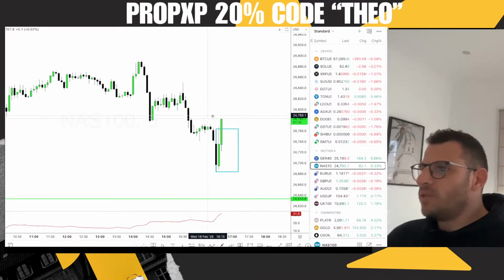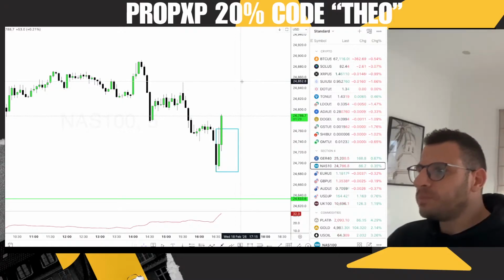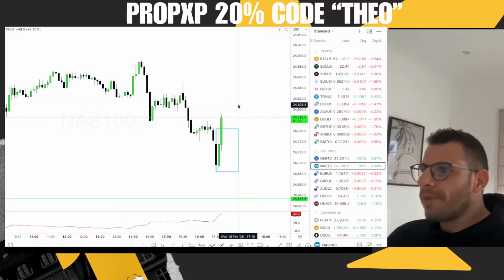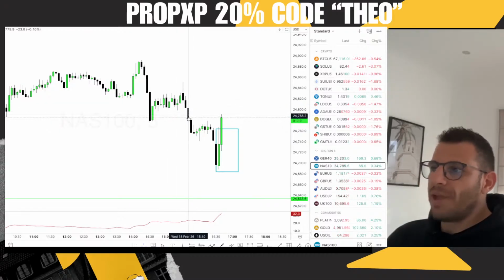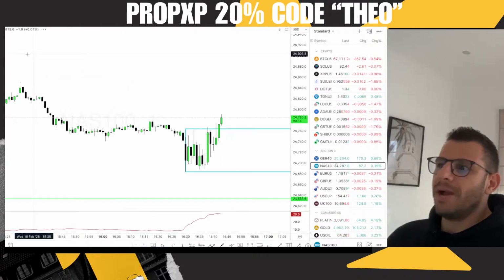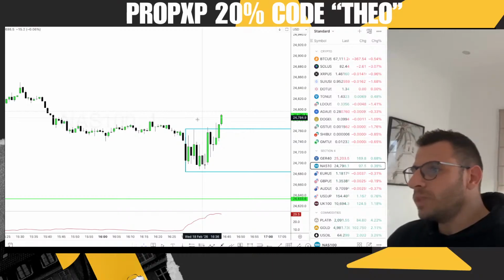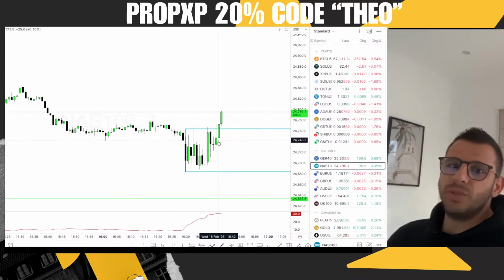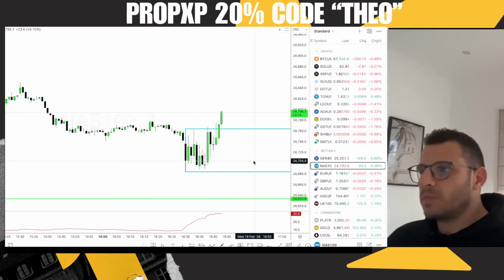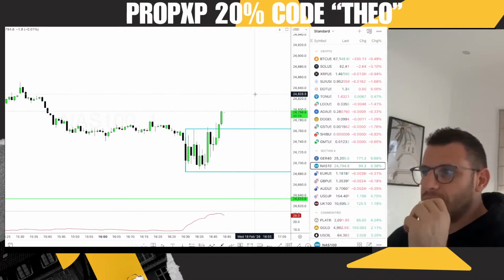If buyers make it right here, yeah, it will be good. This is going to be a difficult area. We need to see a strong push to the upside if we're going to have a bullish session. And definitely we don't want to see the minute chart in a kind of reversal pattern.